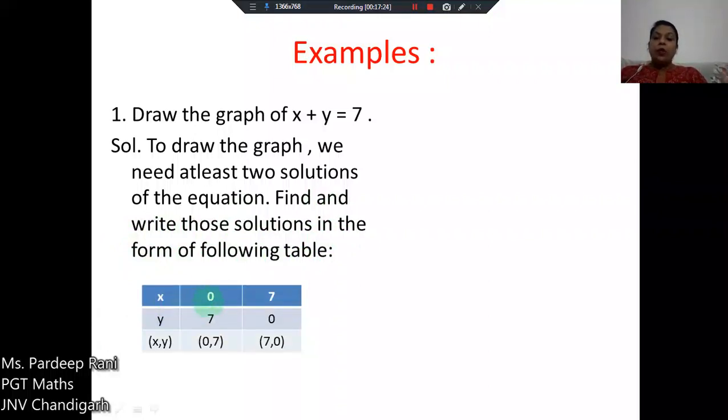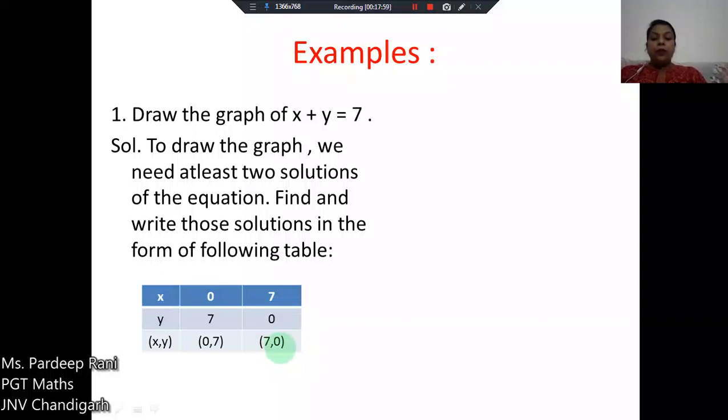By putting x equal to 0 in the given equation, we will find y as 7 and this solution will be written in the form of ordered pair (0, 7), first value of x, then value of y in the ordered pair. Now again by putting x equal to 7, we will get y as 0, meaning the ordered pair in the form of solution of the equation is (7, 0).